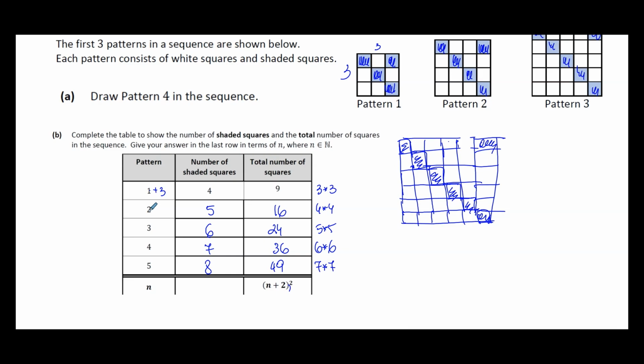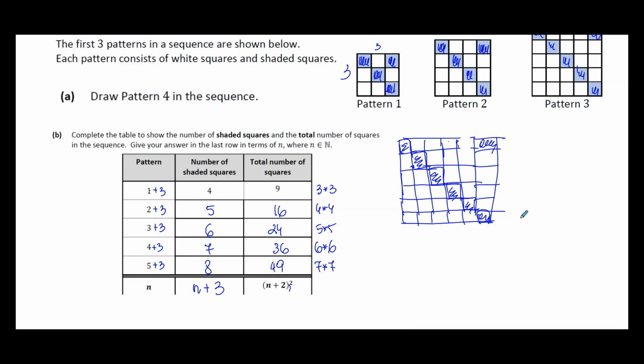If the pattern is 2, to have 5, again I added 3. If the pattern is 3, to have 6, I added 3. So every time I'm adding 3: the number of the pattern plus 3. That's how we know the general formula for that particular pattern.